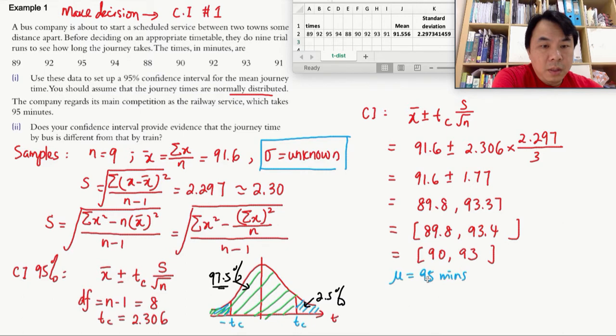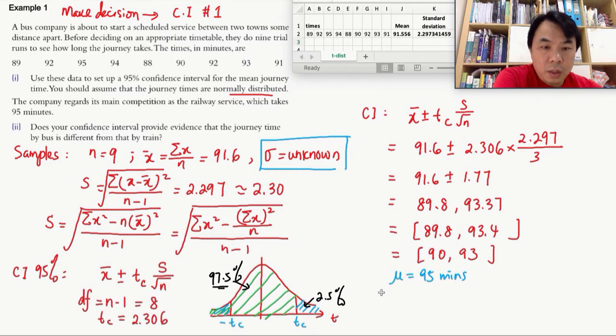And then since this 95 minutes average falls outside of the region of the confidence interval, therefore we can conclude that there is significant evidence showing that the journey time taken by the railway service is different.